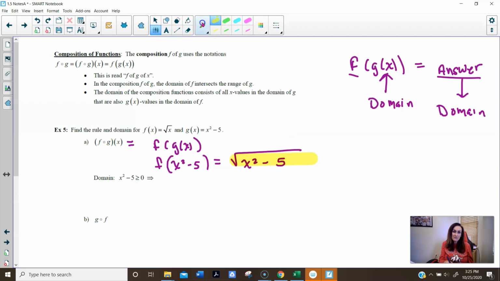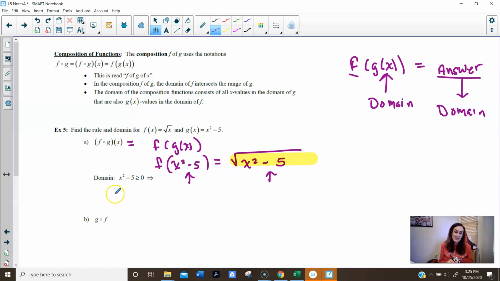So when we're looking for the domain, we only have to find the domain of what we input and the domain of what the output is, and that will be our domain. So the input has to be greater than or equal to 0, and so x squared subtract 5, and the reason why is because the output has it underneath a square root symbol.